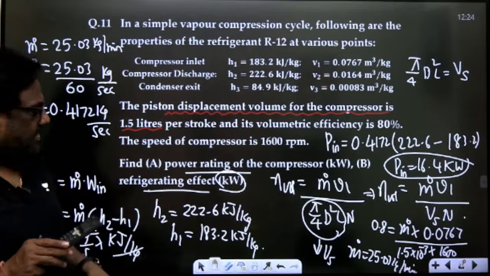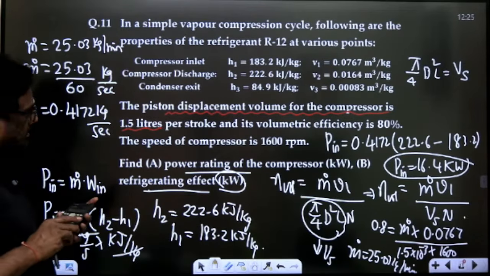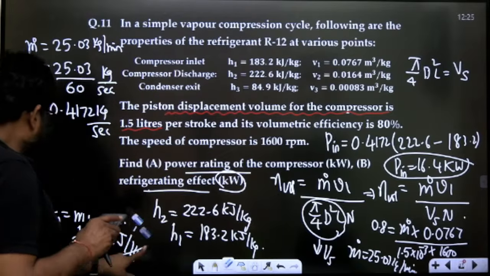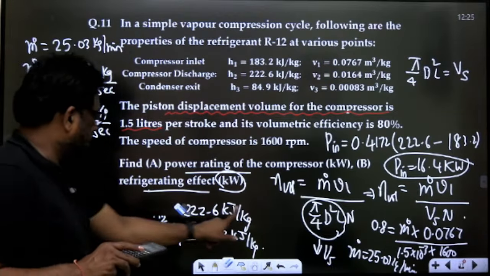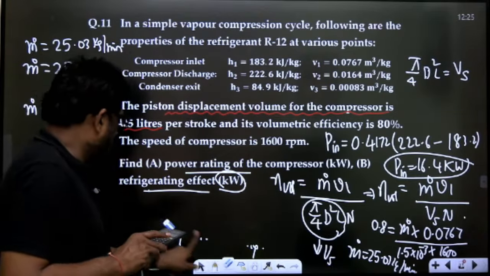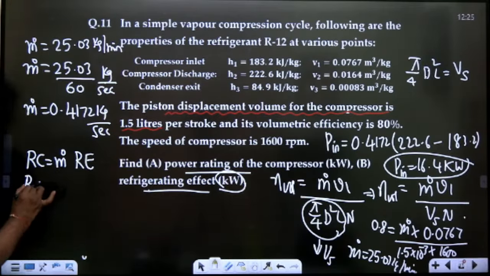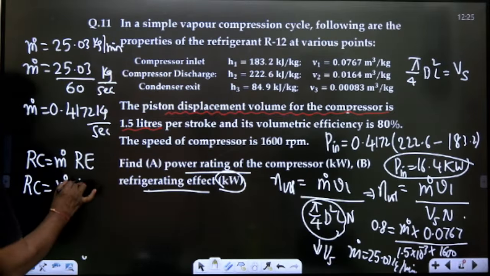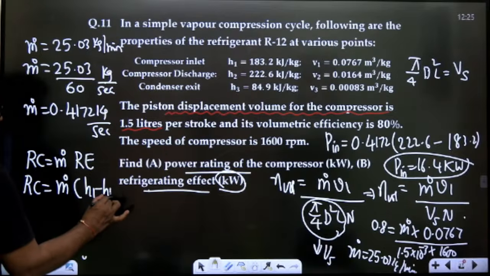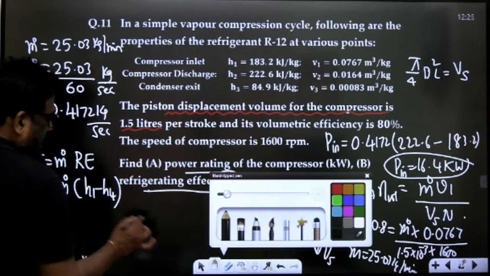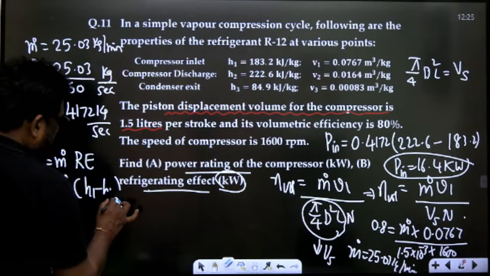Now he is asking for RC, refrigeration capacity. What is the refrigeration capacity? And you know very well, the mass flow rate has come, so we will write here the refrigeration capacity. It is mass flow rate into RE. What is RE? H1 minus H4. But H4 and H3 are the same.